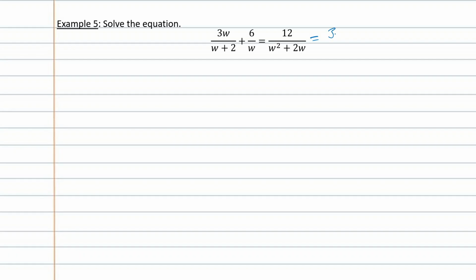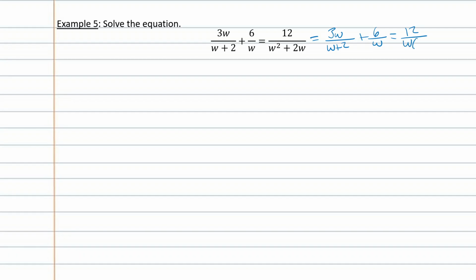Now, I can't factor the first term. The first term is 3w in the numerator and w plus 2 in the denominator. Neither of those are factorable. The second term of 6 over w, also not factorable. But that last term, the 12 over w squared plus 2w, that is actually factorable.